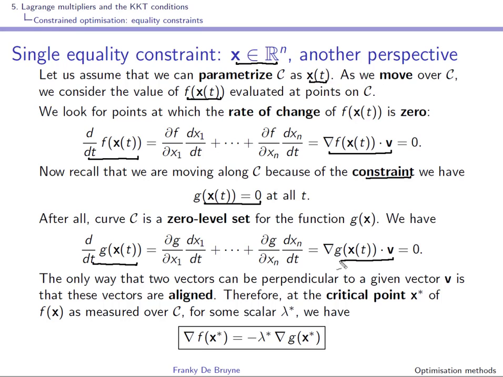And you can see that again we're looking for a critical point where the vector v is both perpendicular to the gradient of f and the gradient of g. So we're looking for a critical point x star where the gradient of f and the gradient of g are aligned, and there is some scalar lambda star for which this equality holds.